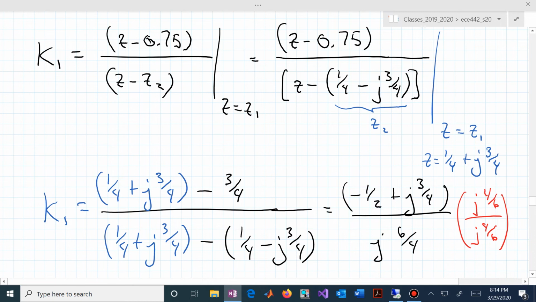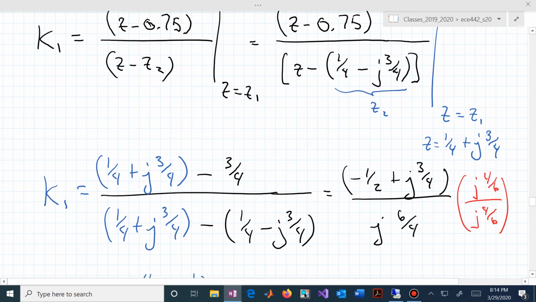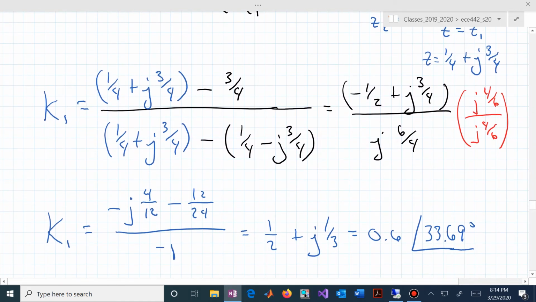Substituting those values in and multiplying by a convenient value of 1, we end up with k1 being what we thought it might be, complex: 1/2 plus j 1/3.